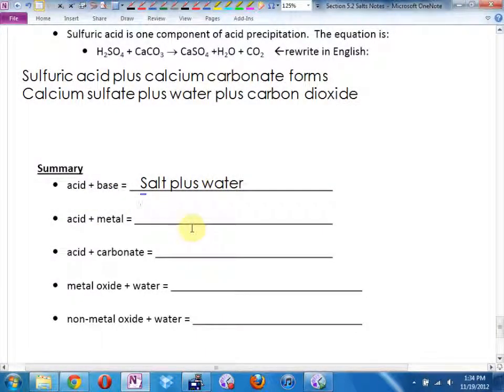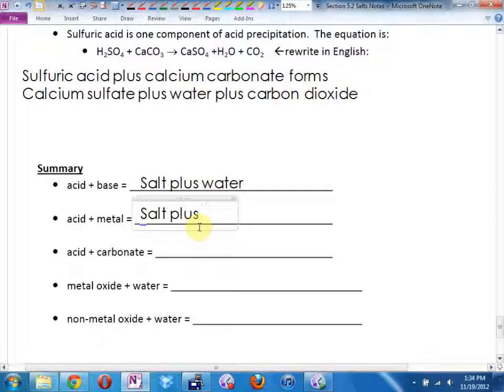Acid plus metal gives salt plus... if you can't remember this one, please remember the videos that I showed you at the end of the class and what happened with some of those metals when we dropped them in water, and that might be enough for you to remember what gas was produced. You saw explosions, yes? Which gas explodes?